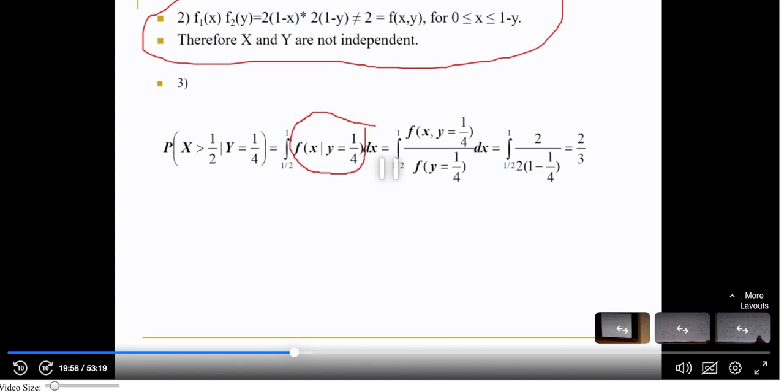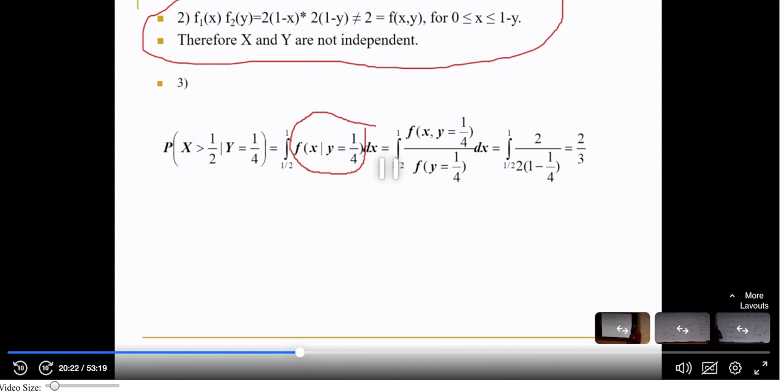Here, take a look at this. I'm trying to tell the world, if I want to get the probability of x greater than half given y equal to 1 over 4, I need to first derive a function of x given y. And after deriving a function of x given y, whenever I see y, I'm going to plug in 1 over 4. But let me tell you this.